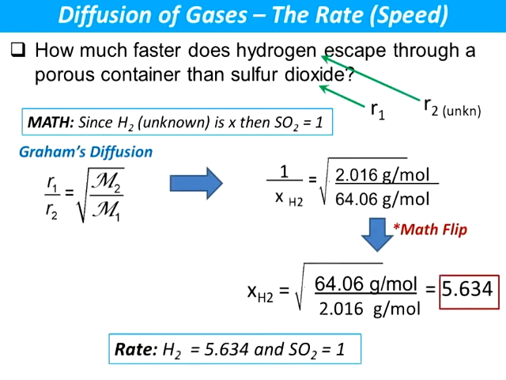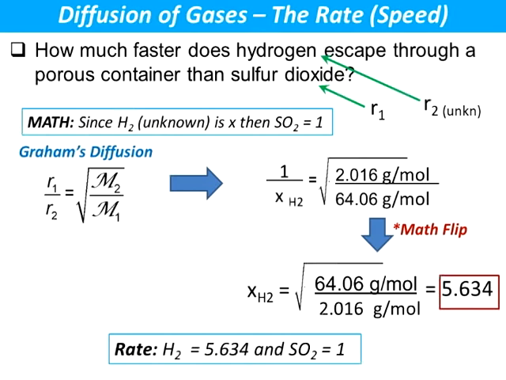So, since hydrogen is an unknown, we call it X, and therefore sulfur dioxide is 1 as our standard. So if we take the 1 as our standard, R1, and we divide by X, which is for H2, we set that equal to the square root of the respective molar masses of 2 for hydrogen and 64 for sulfur dioxide.